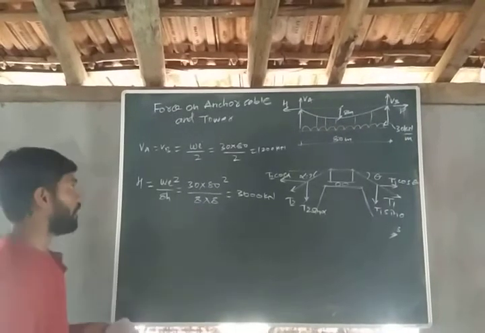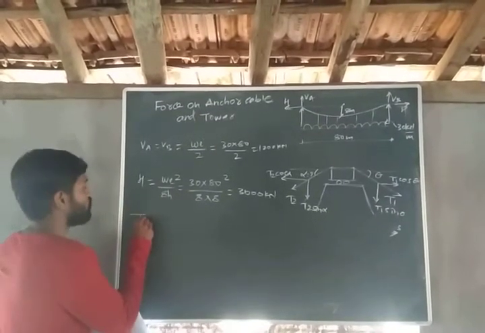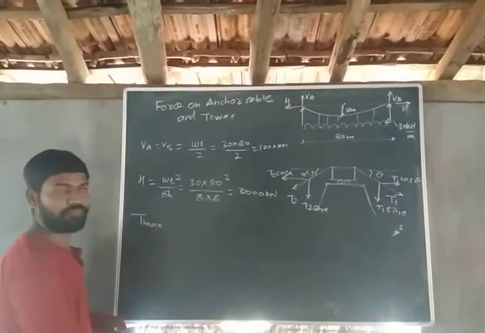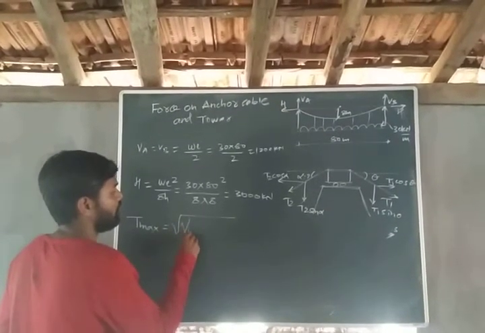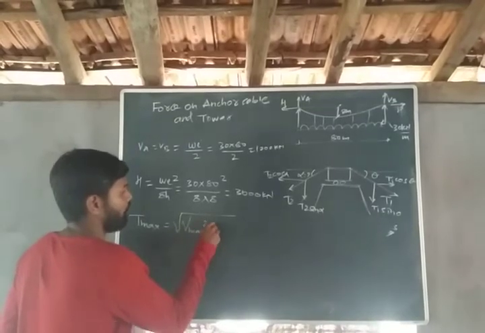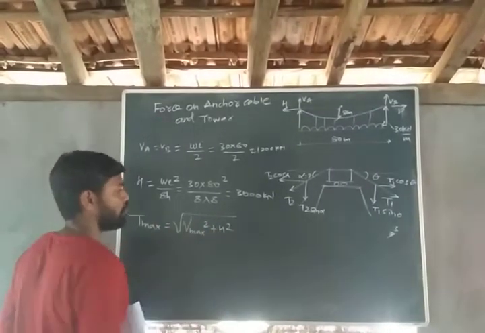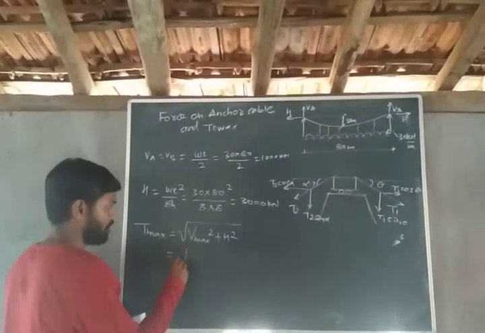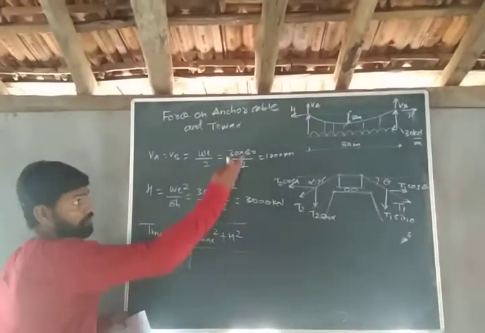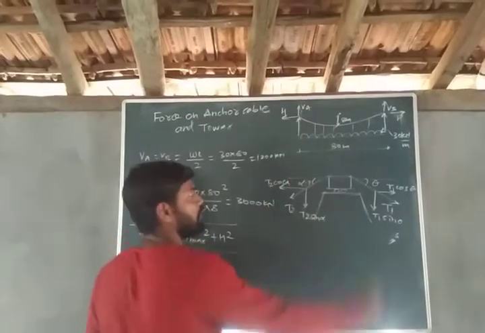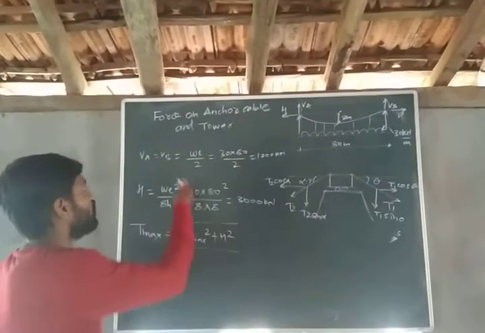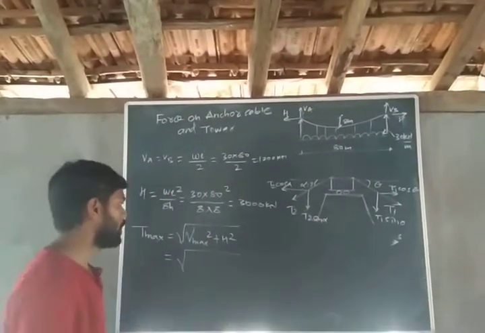Then how to calculate maximum tension T max? T max can be calculated as square root of V max square plus H square. V max for this case will be the maximum shear at the support, and it will be equal to the reaction VA, WL by 2.